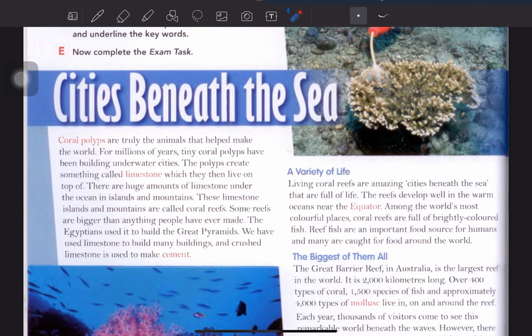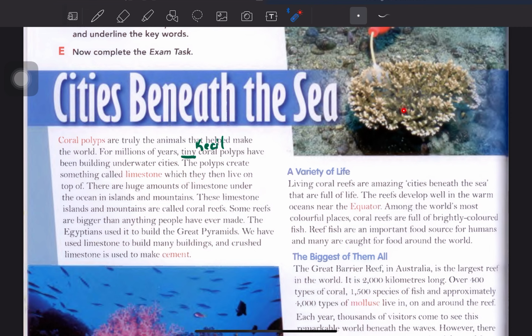Right. Coral polyps are truly the animals that help make the world. For millions of years, tiny coral polyps have been building underwater cities. What is tiny? Tiny is kecil. The polyps create something called limestone, which they then live on top of.